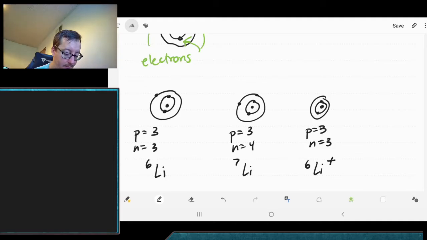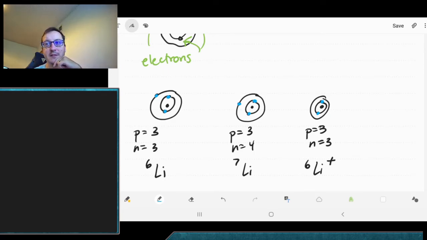As we can see, there's one thing that's the same with all of these, and hopefully we can figure out what that is. I'm going to make our electrons a different color, just so it's more obvious.